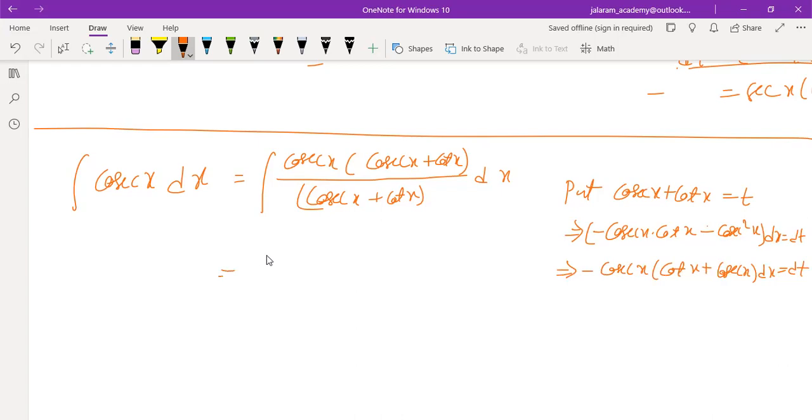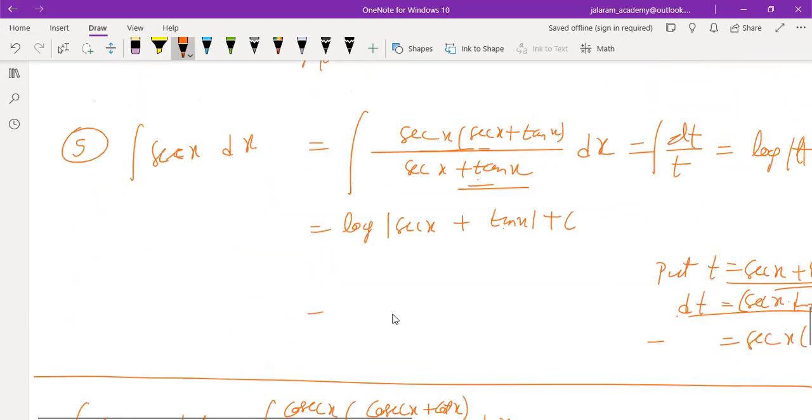So if we substitute it now, the numerator is minus dt and the denominator is t only. So the integration is minus log t plus c, and t is cosec x plus cot x, so minus log cosec x plus cot x plus c.